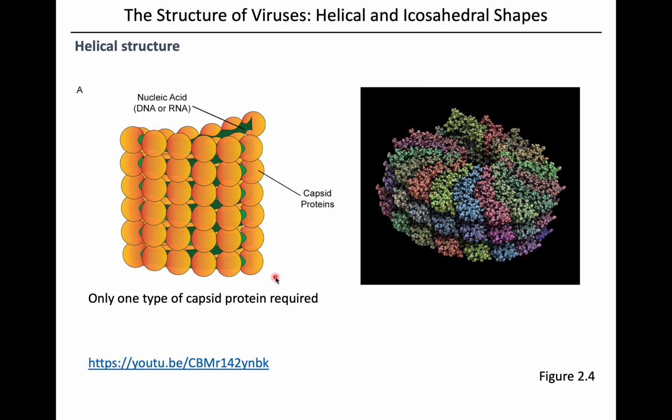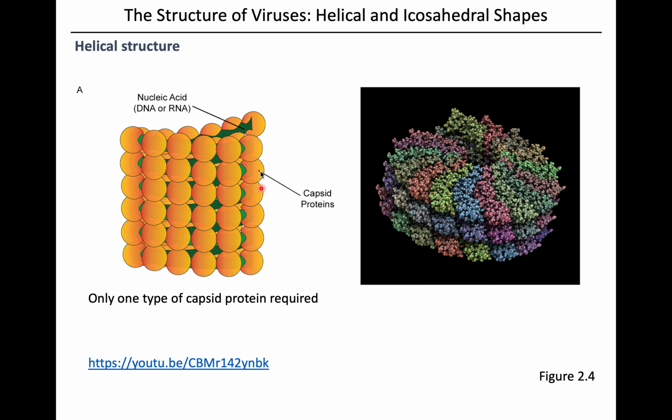Helical, hopefully as biology majors, you're all familiar with the idea of a helix. We learned about DNA being a double helix, but helical just refers to that sort of twisted structure. In helical viruses, this refers to the fact that the capsid proteins are organized in a helical array.